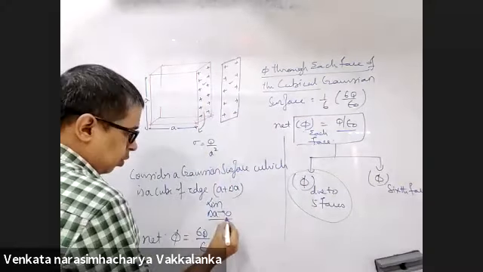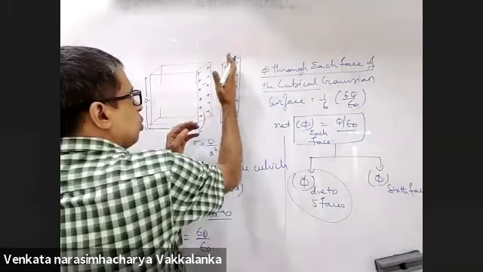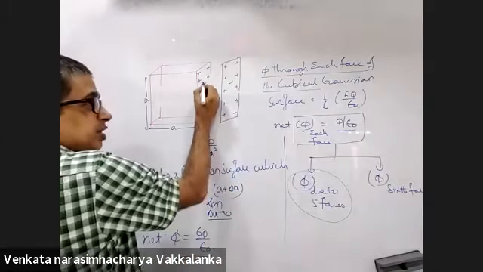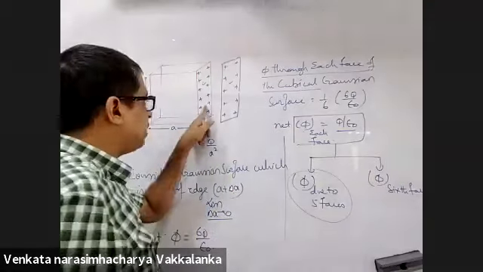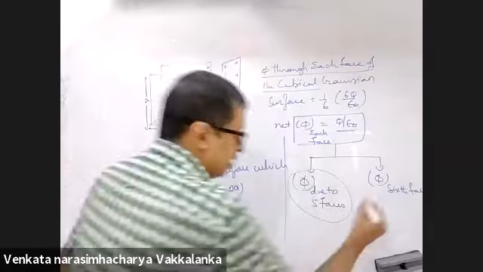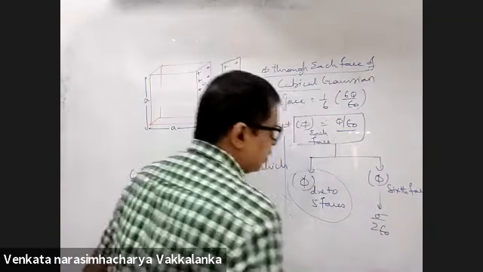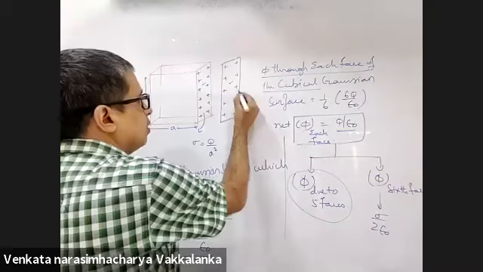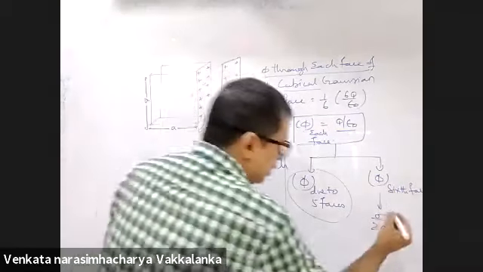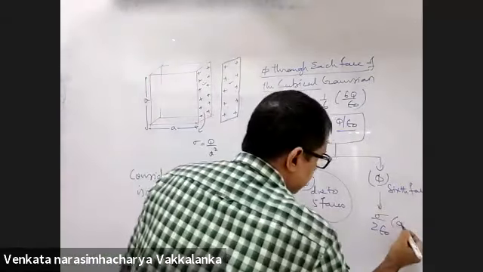Both are very, very close, limit delta A tending to 0. If this Gaussian surface is very close to this, this plate can be considered to be of infinite size. Infinite size means what will be the field? Sigma by 2 epsilon naught, into this particular area, A square.